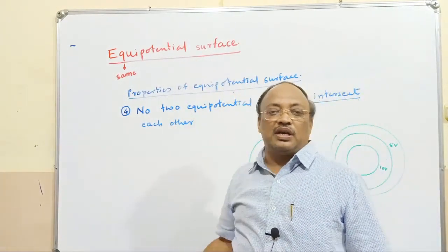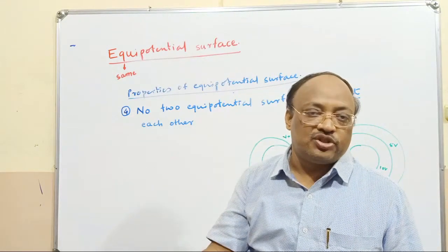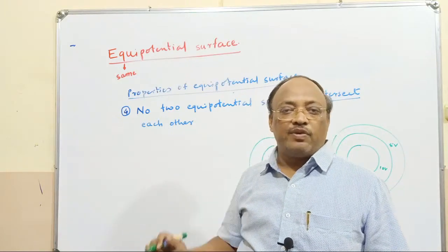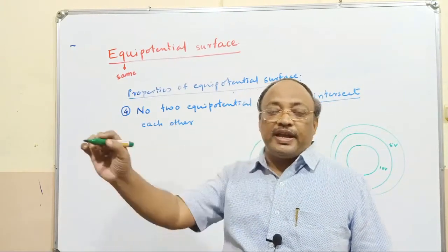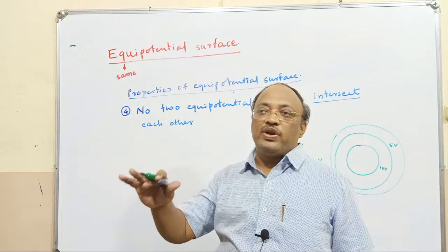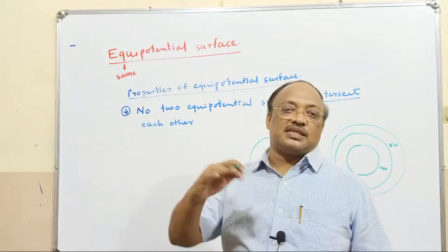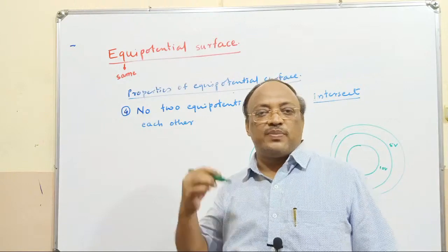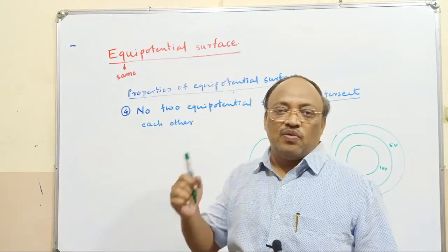We will draw the equipotential surface for a single point charge, for a dipole, for a uniform field, and for two similar charges, minus and minus, or plus and plus.